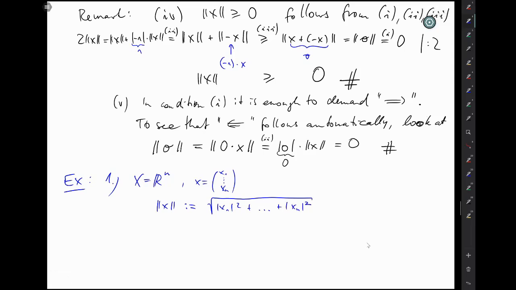You would call this the Euclidean norm, named after Euclid. And of course, you should only do so after you've checked that it really is a norm. So you have to check properties 1, 2, 3.